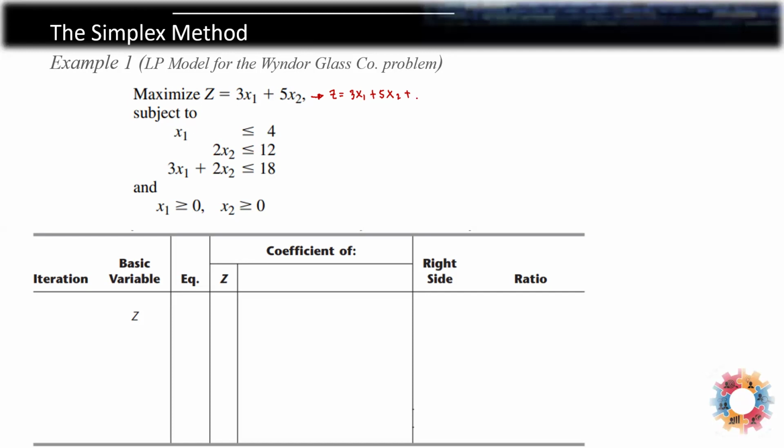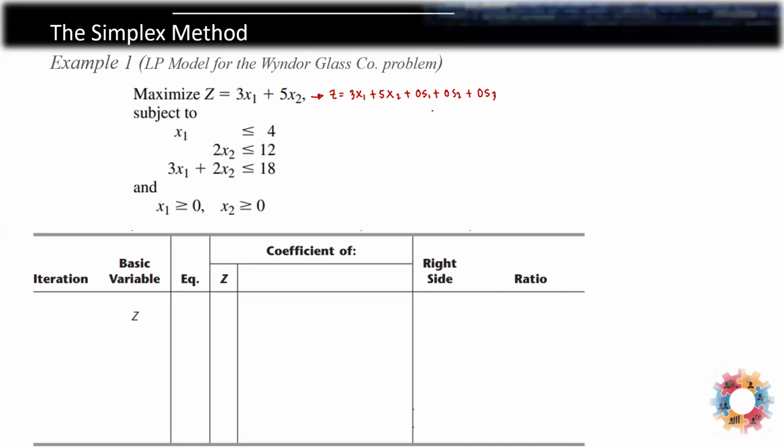And we're going to include those slack variables here in our objective function. So as not to affect the original objective function, we'll just use the coefficient 0 for the first slack variable S1, 0 for the second slack variable S2, plus 0 for the third slack variable S3.